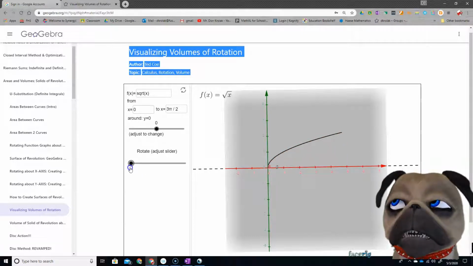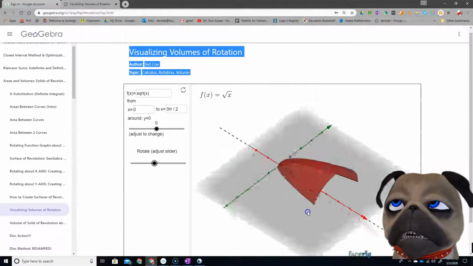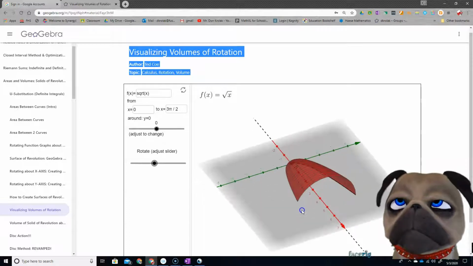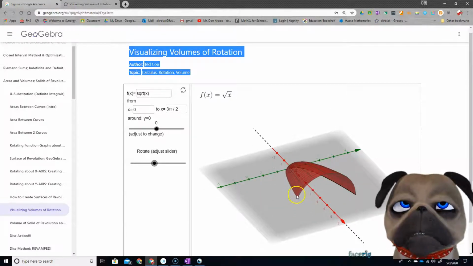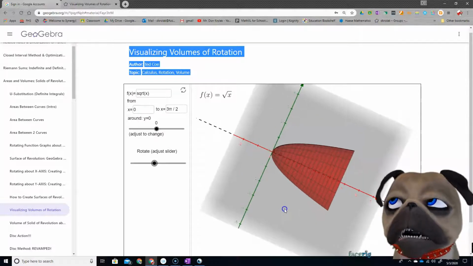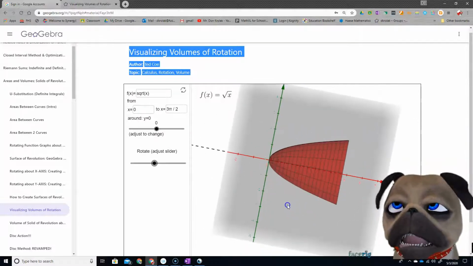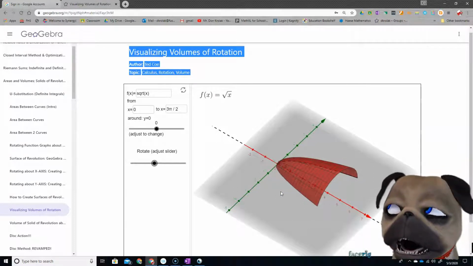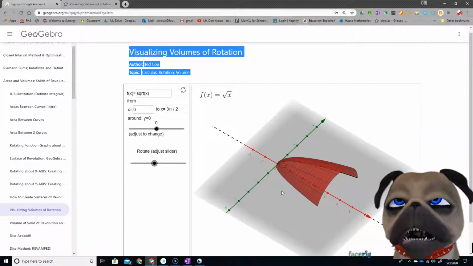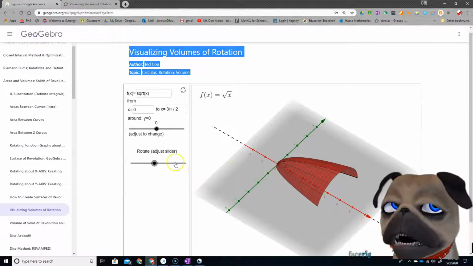So that's where we're headed. That's one of the big powerful things of calculus, finding the volumes of shapes that aren't nice like cylinders, cuboids, rectangular boxes, pyramids.